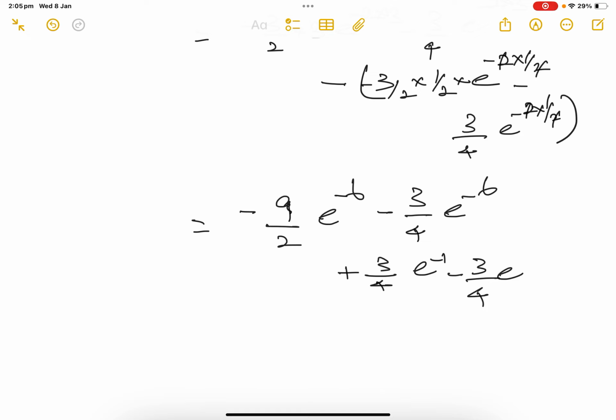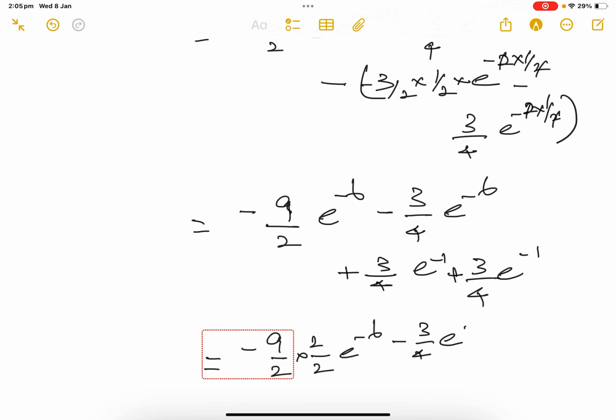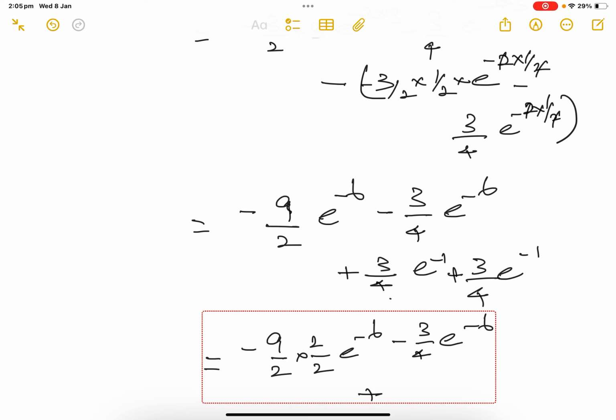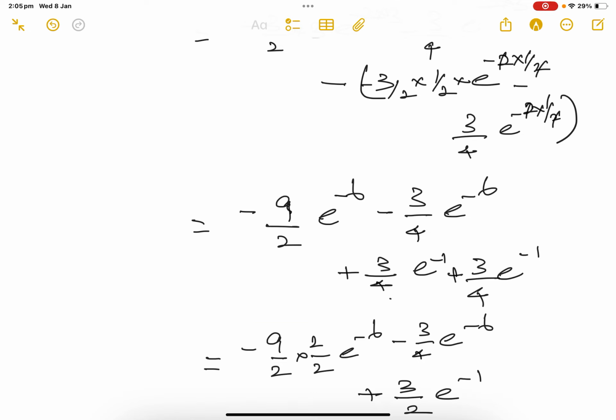Sorry, minus times minus is plus. So what we're left with: 9 over 2, multiplying top and bottom by 2, e to the minus 6, minus 3 over 4 e to the minus 6, plus a quarter, 3 over 4, so 3 divided by 2 e to the minus 1.